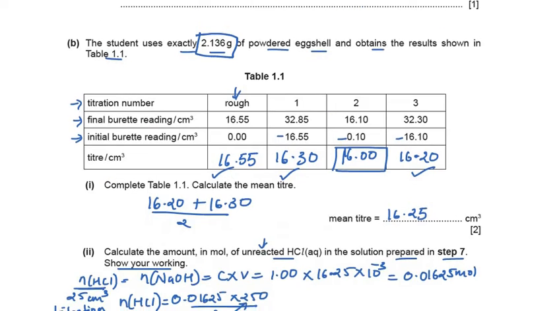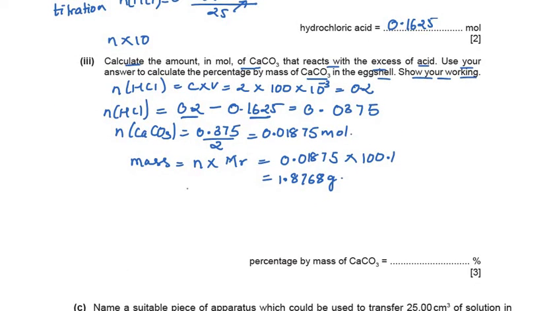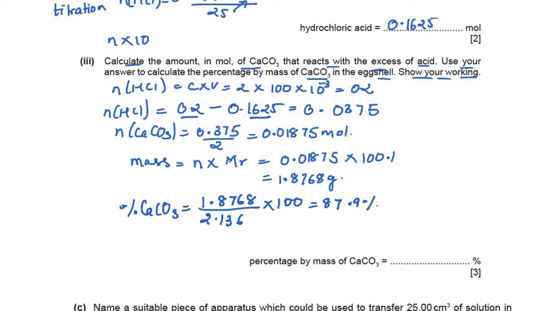So the percentage of calcium carbonate should be 1.8768 divided by 2.136 into 100, which gives us the answer as 87.9%. So the percentage by mass of calcium carbonate is 87.9%.